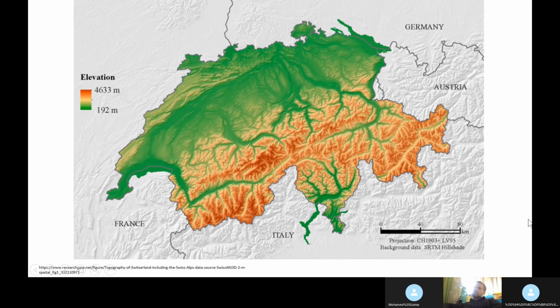It's a kind of thematic map because we have only one feature to display, only relief heights.